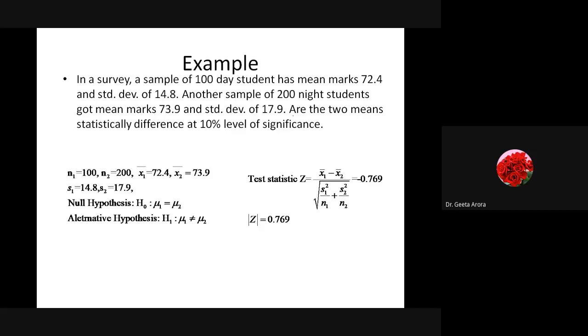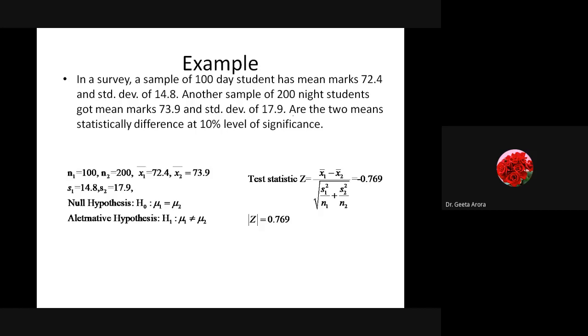We have a 10% level of significance. We have calculated a value. Now you have to tell me, is there any difference between the day students and night students, or their marks are almost the same, because we are looking for the difference of means.